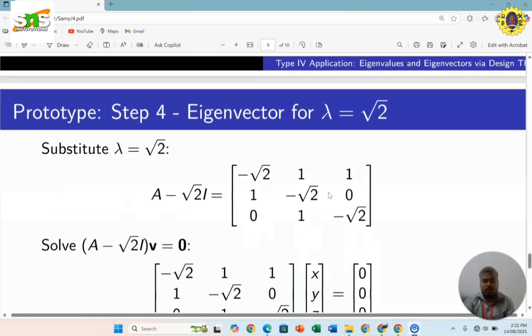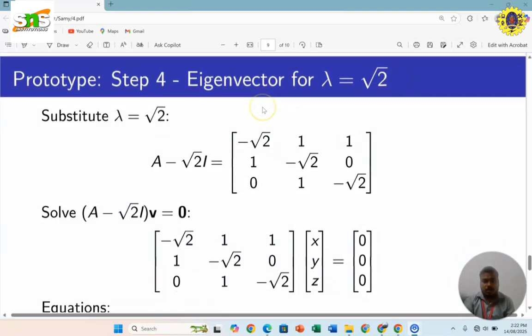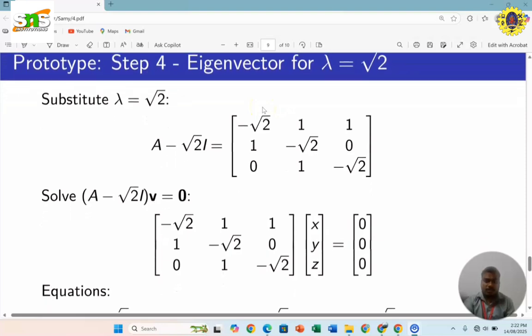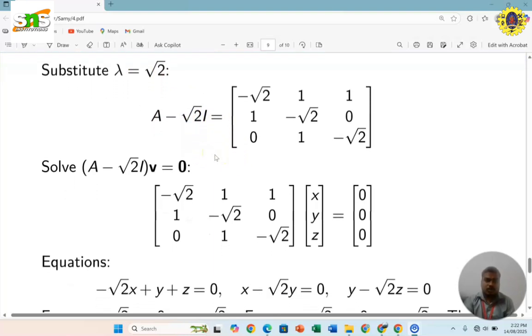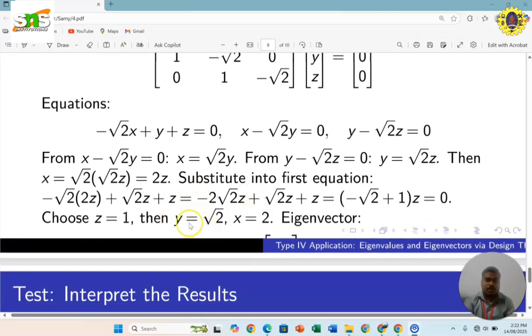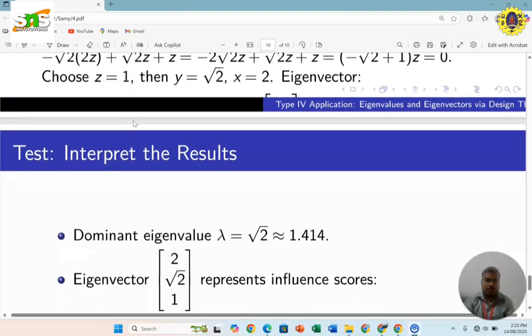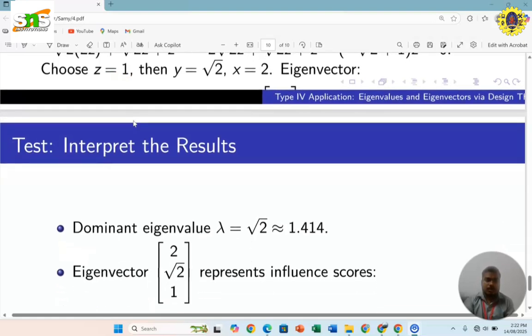Step 4, the eigenvector for lambda equal to root 2. We determine the eigenvector from A minus lambda I times x equal to 0. The eigenvector x, y, z is x equal to 2, y equal to root 2, and z equal to 1, by choosing z equal to 1.